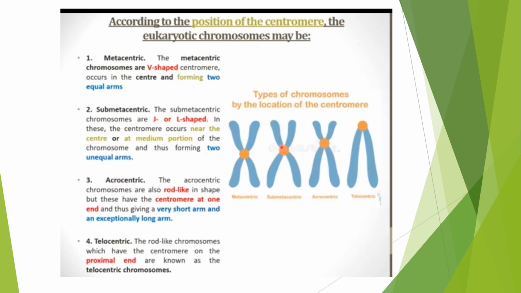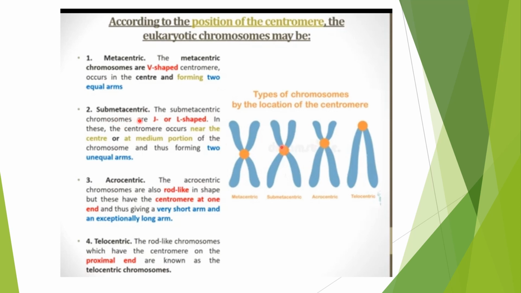And according to the position of the centromere, the eukaryotic chromosomes are divided as follows. Metacentric. The metacentric chromosomes are V-shaped. The centromere occurs in the center, forming two equal arms. This first is a metacentric chromosome.